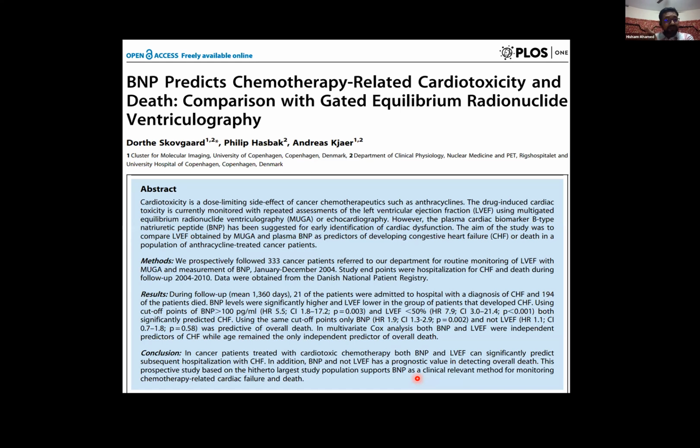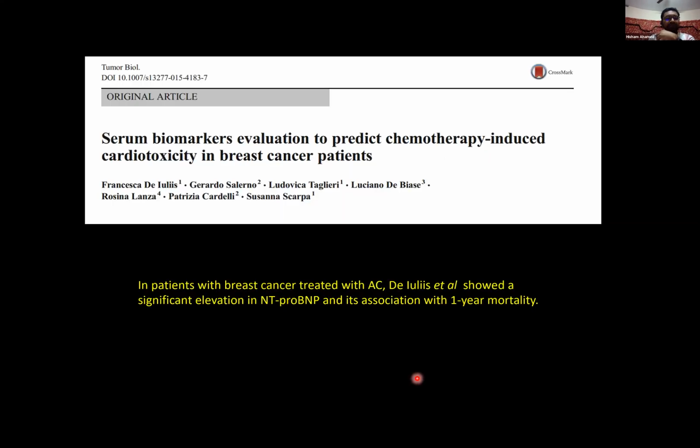We have another landmark paper by Susanna Scarpa et al. They looked at serum biomarkers and their evaluation to predict chemotherapy-induced cardiotoxicity in breast cancer patients. And in this paper, they showed a significant elevation in NT-proBNP and its association with 1-year mortality, again implying that BNP is a very important marker.